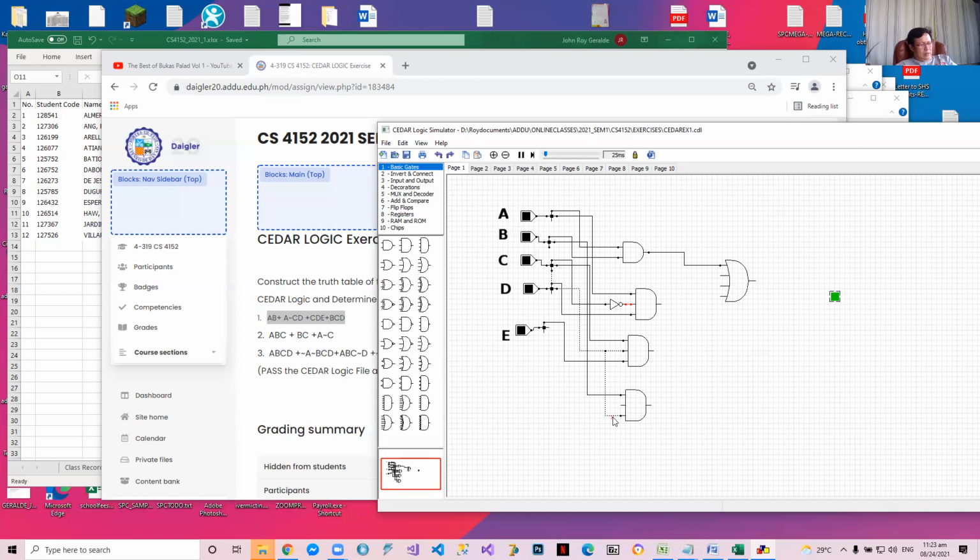Let's delete this first. This D goes here. Right?